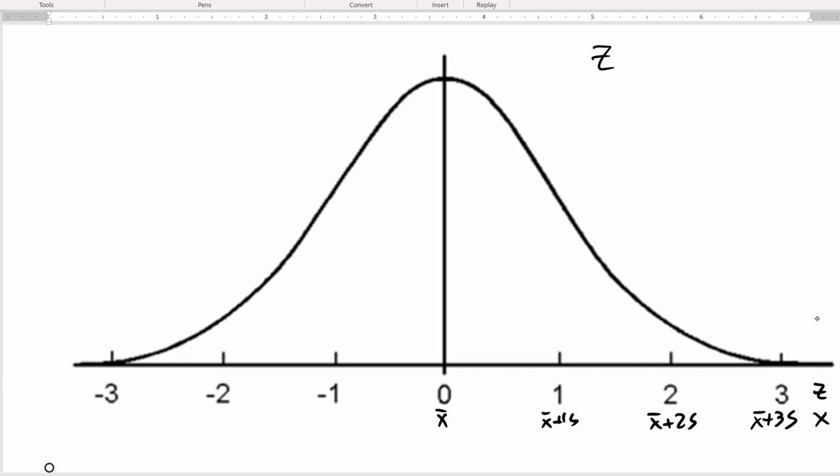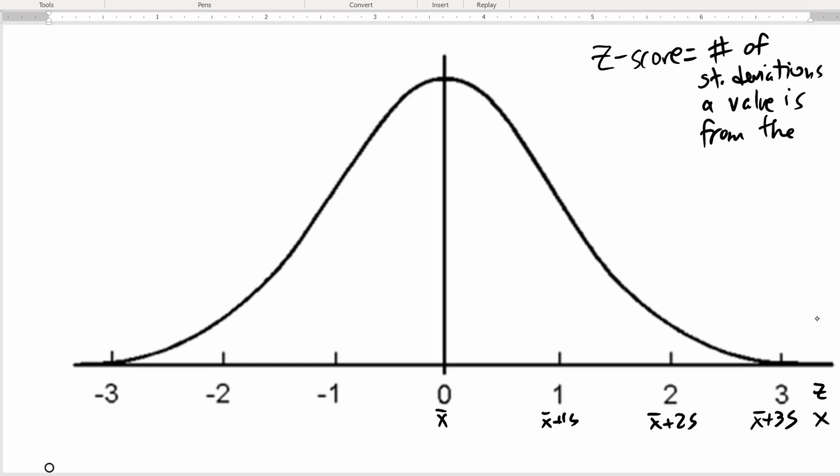Z-score, basically the number of standard deviations a value is from the mean. So a z-score of 0 means you are 0 from the mean.